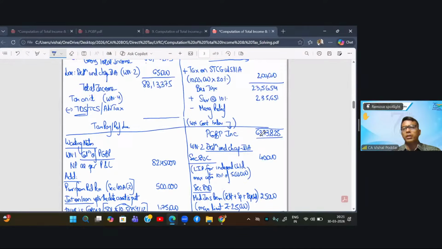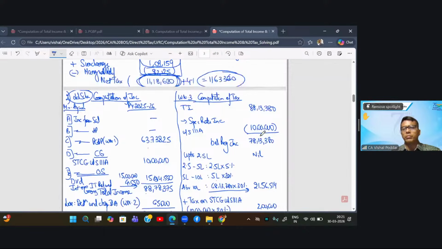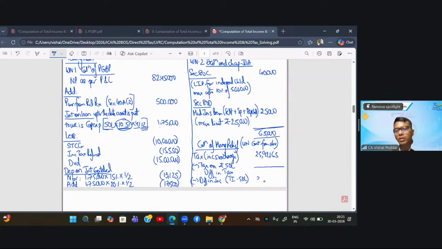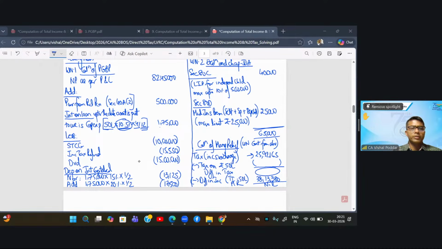So 38,13,380. Students, anyways, your tax is this. After reducing, the tax on this amount will be very small. So definitely your marginal relief is going negative. So it is nil. For the purpose of saving time, I'm skipping that 50 lakhs working, but orally you can say that it is going nil. Correct?